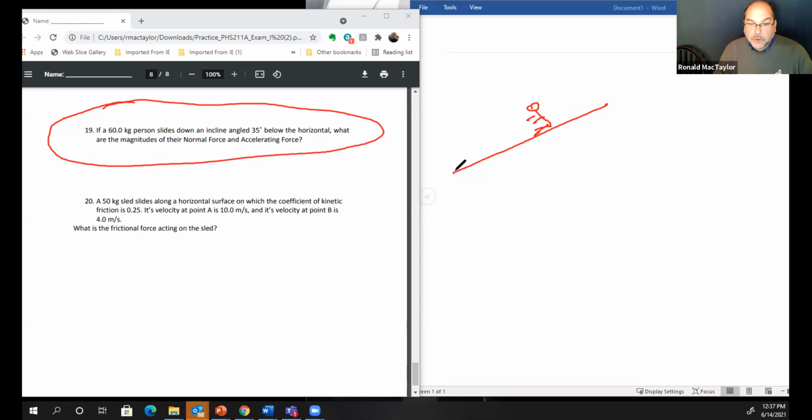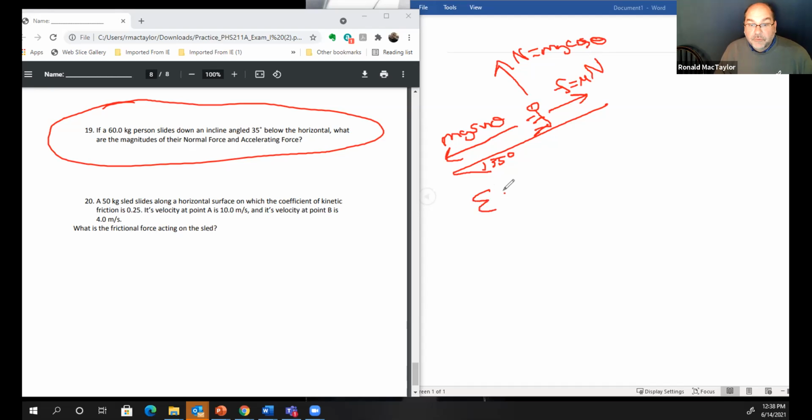When we go back to page 1 of the exam with the equation sheet, we have a picture at the bottom that describes that the accelerating force down the incline is mg sine theta, and it accounts for the normal force being mg cosine theta, which means the frictional force, friction, is always going to be the coefficient of friction times the normal force.